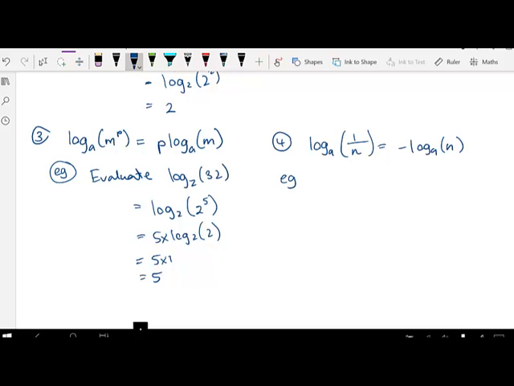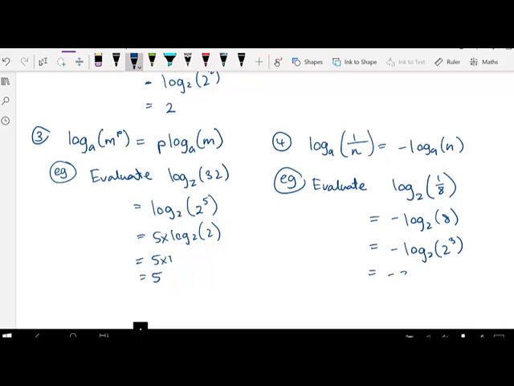So if we look at evaluating log base 2 of 1 on 8, straight away we can say that's equal to negative log base 2 of 8. Therefore that's negative log base 2 of 2 cubed, which would be negative 3 log base 2 of 2, and we're left with negative 3.